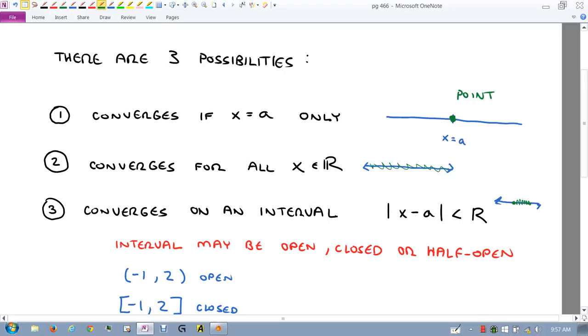And that really saves us a lot, because think about it this way. What if this theorem didn't exist? And I figured out that it converged on some interval. How would I know that that's the only place it converged? What if maybe there's another interval somewhere else where it converges also? But as soon as I find that first interval, boom, that's it.